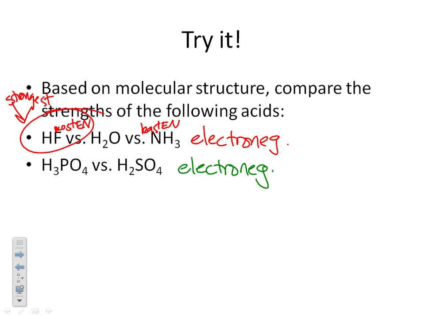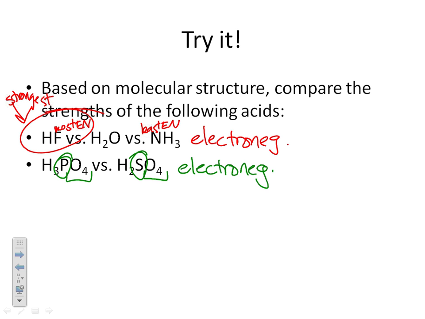Now, they have the same number of oxygens in each one, right? So that's something that they have in common. They have different numbers of hydrogens, but that won't explain why the hydrogen will be more easily donated in one than the other. So we have to look at what the central atom is, the phosphorus versus the sulfur.